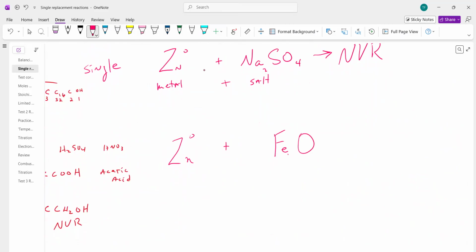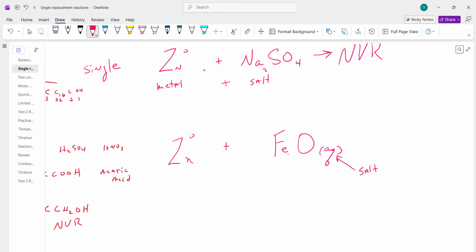Now I'm going to introduce another topic here that's going to go with next week and this week, something called aqueous. Aqueous means it's a salt. Correct. Well, acids are also aqueous.